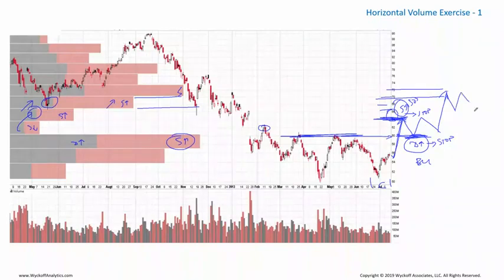Maybe another attempt to consolidate here. And then the next attempt to overcome 72, 74, and probably come to the next point where supply is going to increase more dramatically, 80, 78, so something like that.